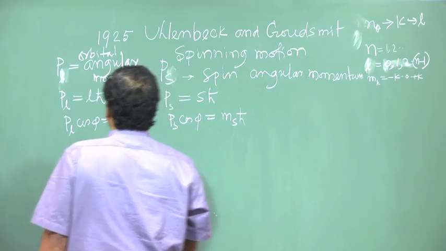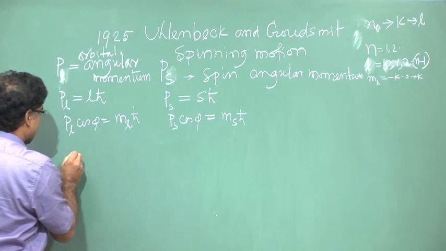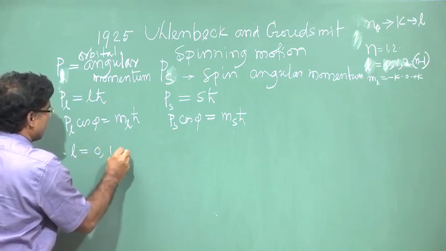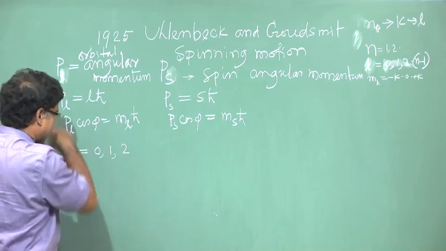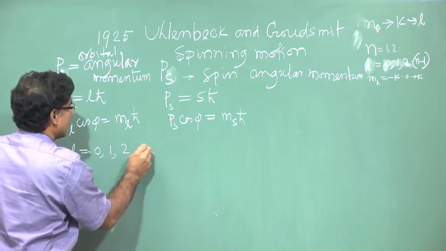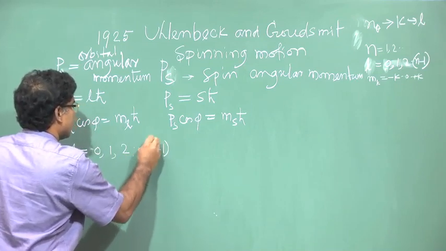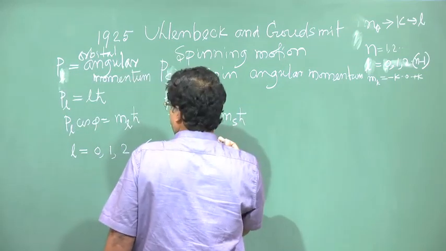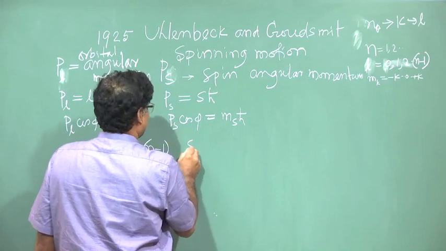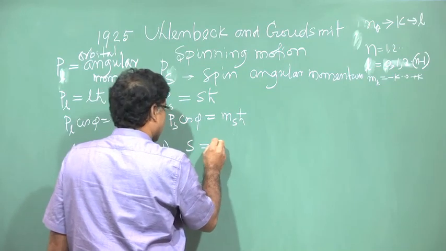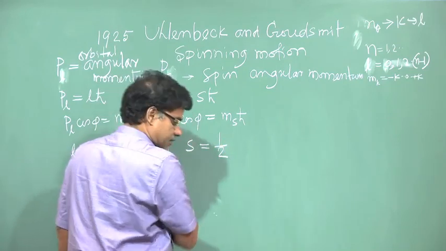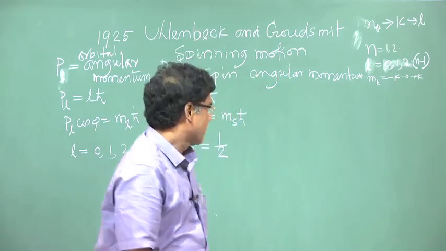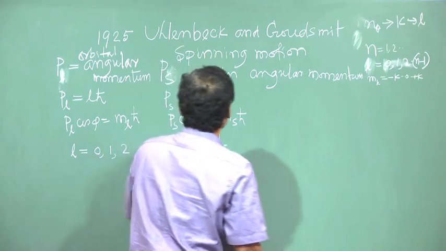So, the L value we have seen can take 0, 1, 2, it is a quantum number, up to n minus 1. Similarly, the S value is basically only half, the electron spin. For one electron this S value is half.